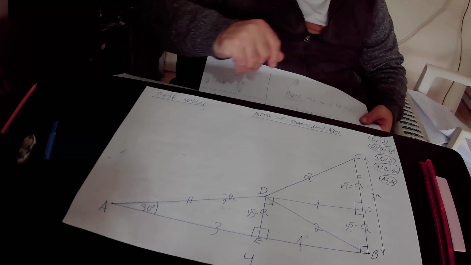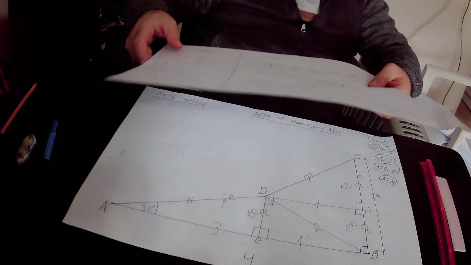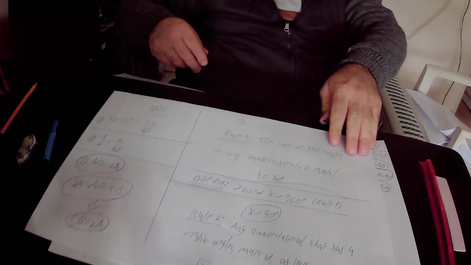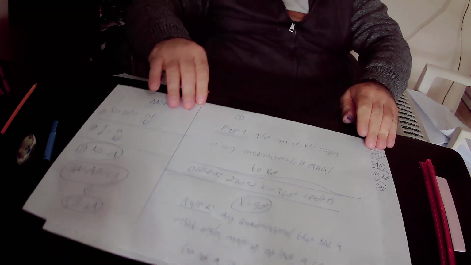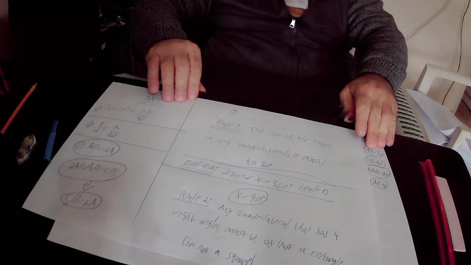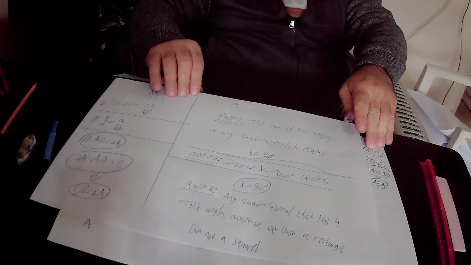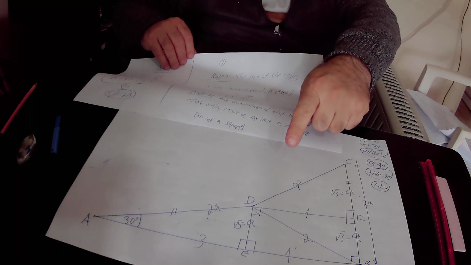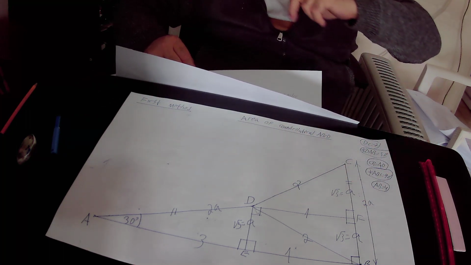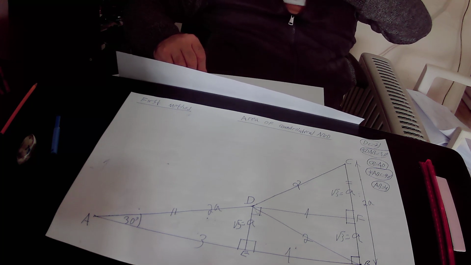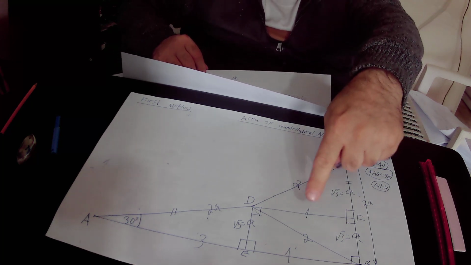So then I presented to you rule number 1. According to rule number 1, the sum of the angles in any quadrilateral is equal to 360 degrees. We drew a perpendicular from point D to CB, and we focus on quadrilateral DFEB.